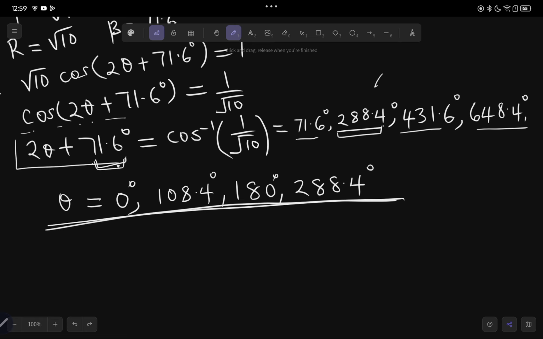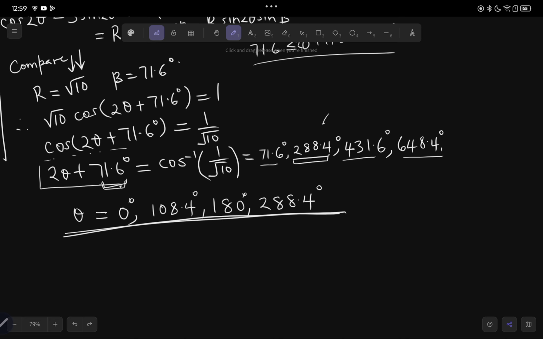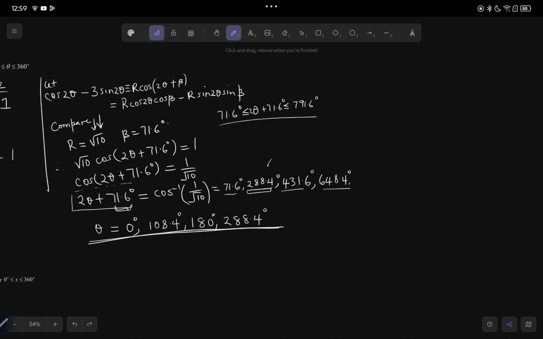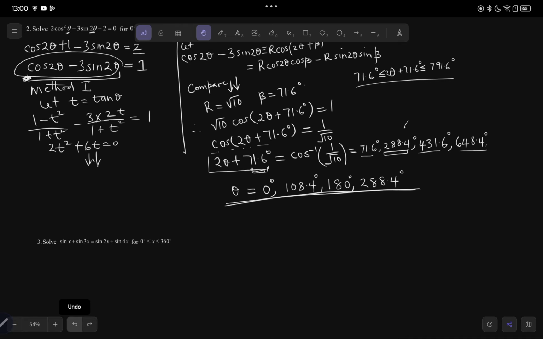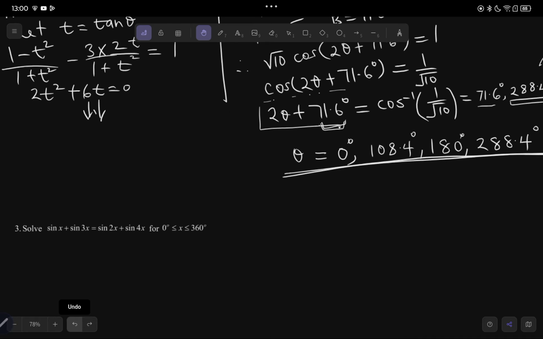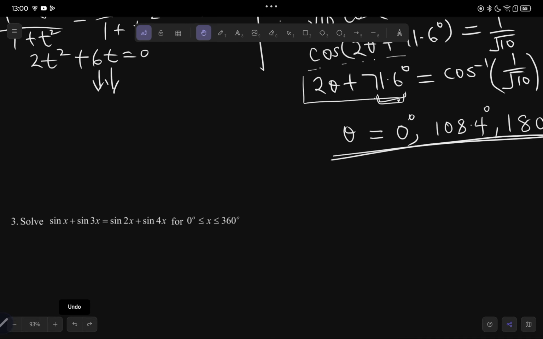So those are all the solutions for the given angle range. We can now go to question number 3.